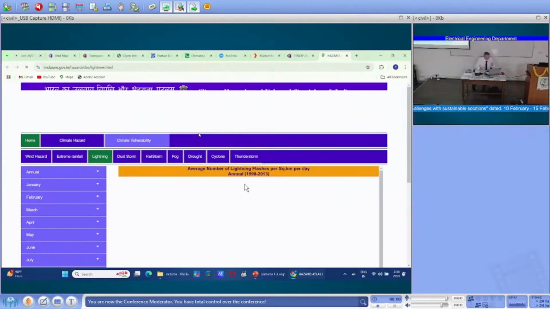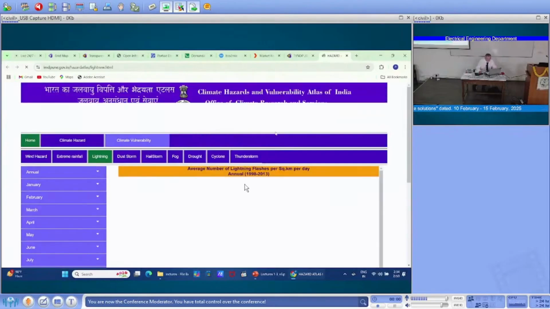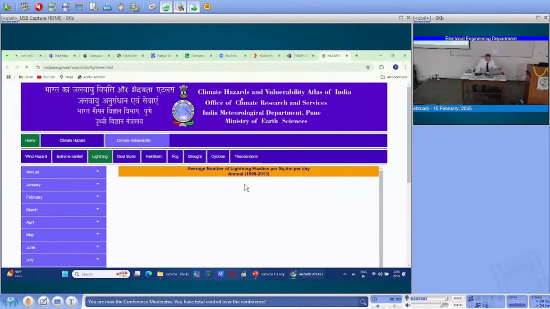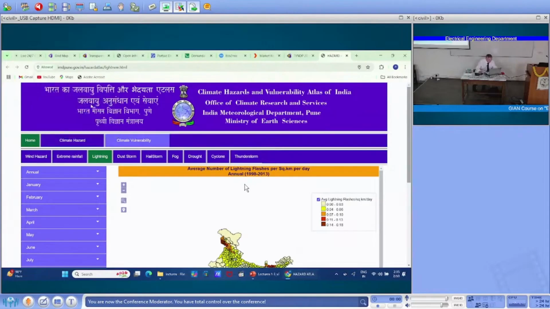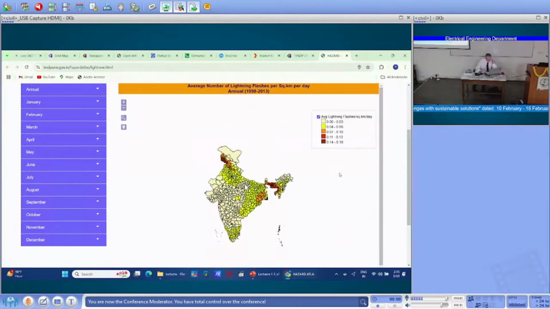That is a website of India about climate hazard, and there is a part, other than extreme rainfalls, wind hazard, dust storm, and so on, that is related to lightning. And there is this map. The data are 1998 to 2013, no? So I don't know if there is something updated, but at least I found this.